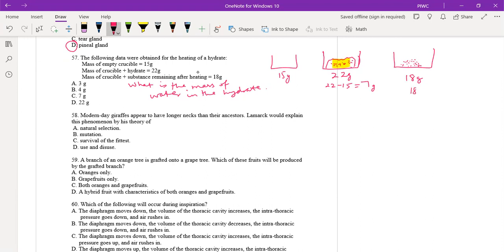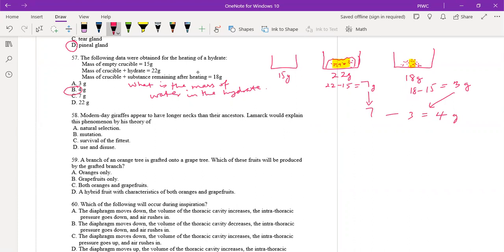So we have 18 minus 15. So that will give us 3 grams left in here. Okay, that will be the weight of this. So how much water was in there? To find how much water you have in there, you're going to take this 7 minus this 3. That means the difference of 4 grams represents the mass of the water in the hydrate.